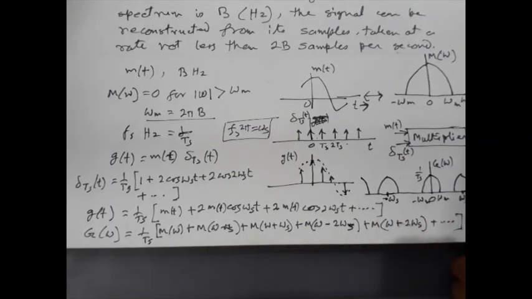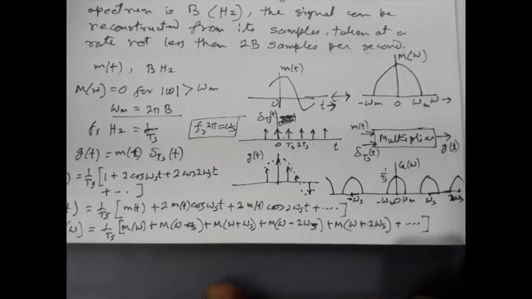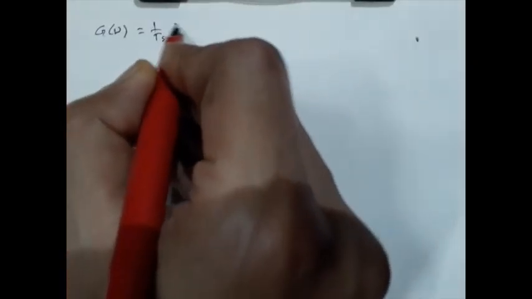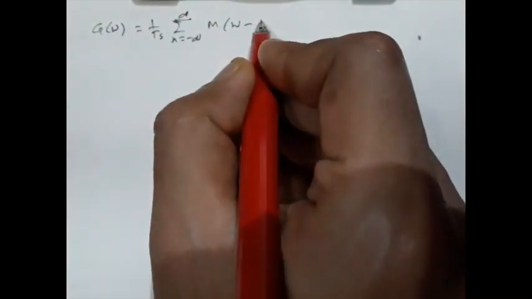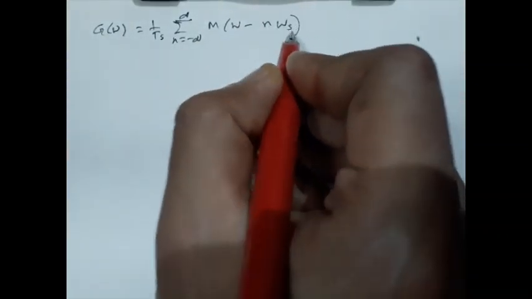So G(omega) can be written as 1 by Ts summation n equal to minus infinity to plus infinity M(omega minus n omega s).